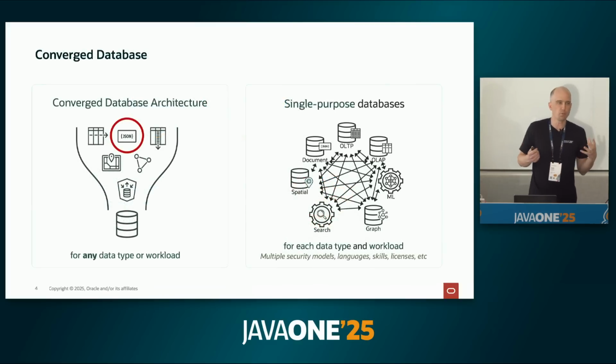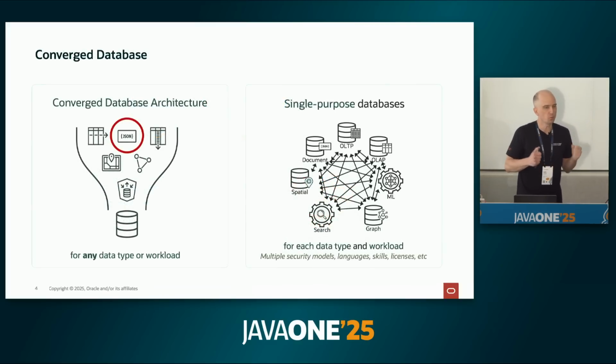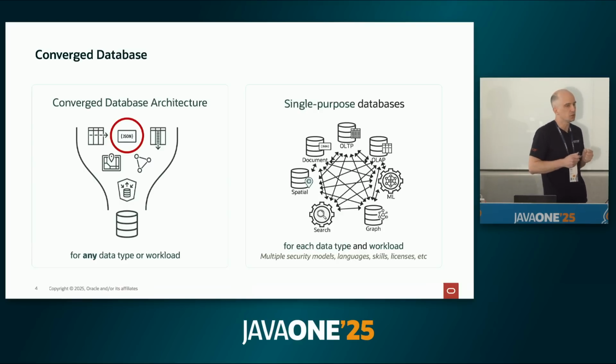My group at Oracle, we are not building one of these document stores. Our strategy at Oracle is that we're building a converged database, one database that can handle a bunch of different types of data and a bunch of different workloads over that same data. This is really different than many of our competitors, notably Amazon, right?